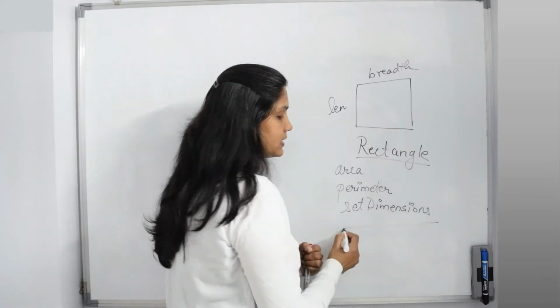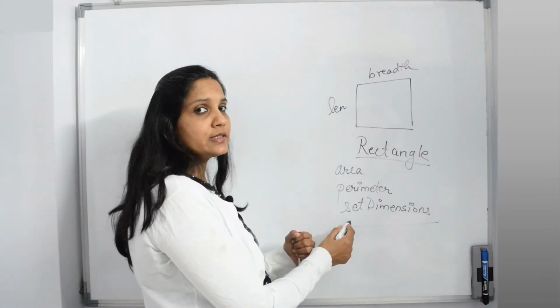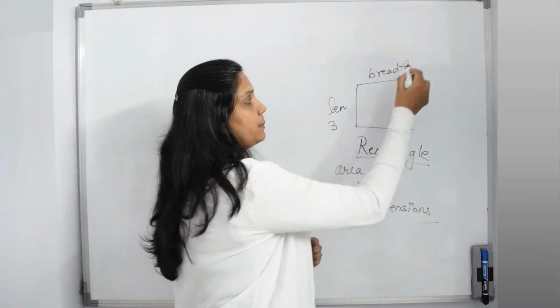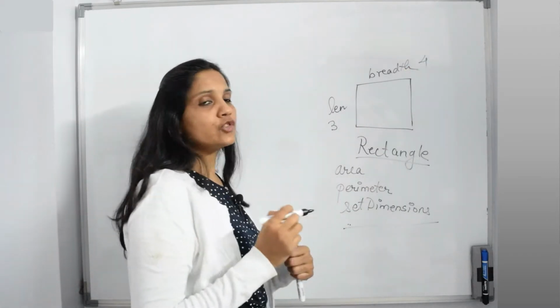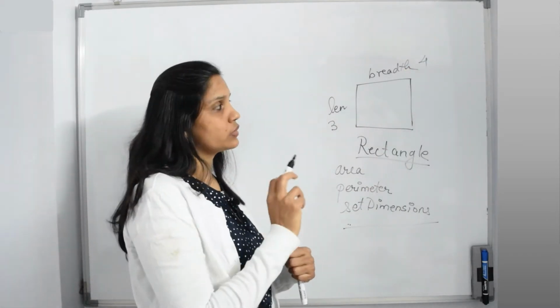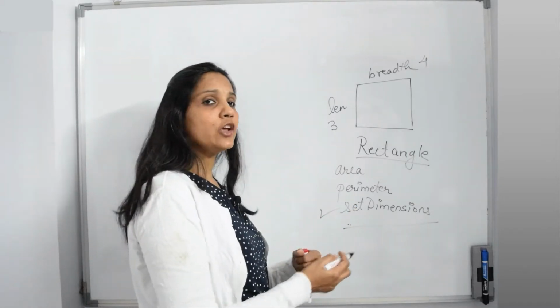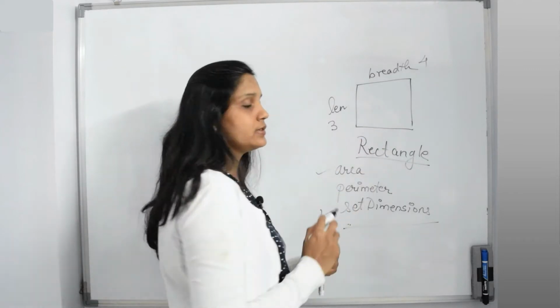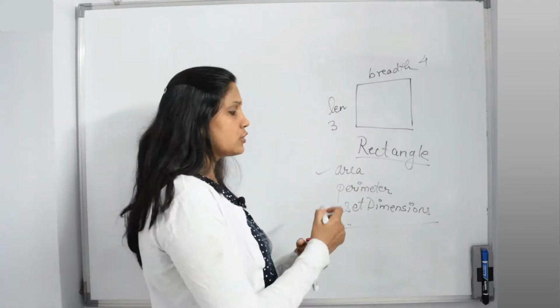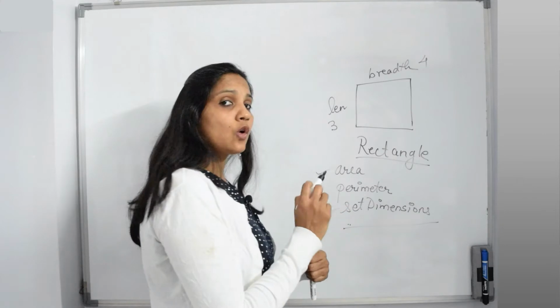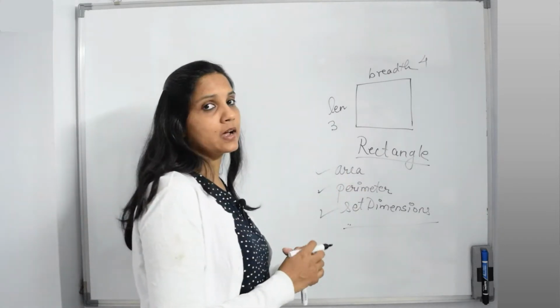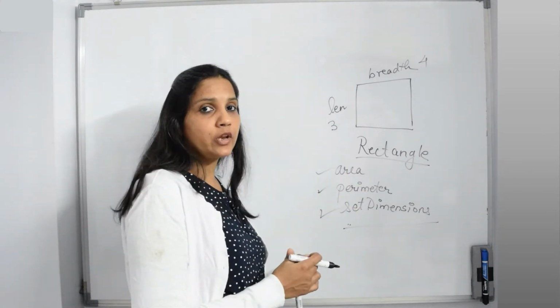Now once I set the dimensions, say length as 3 and breadth as 4, I can draw a rectangle of dimensions 3 by 4. So I've set the dimensions. I can find the area of the same rectangle with the dimensions 3 by 4, and I can also find the perimeter of the rectangle with the same dimensions 3 by 4.